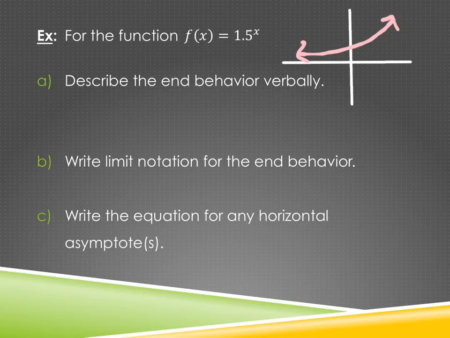So, when we're describing the end behavior, we're going to talk about the input. You can say the x values, that's okay, but as the input increases, aka as the graph goes to the right, that's input increasing. What does the graph do?